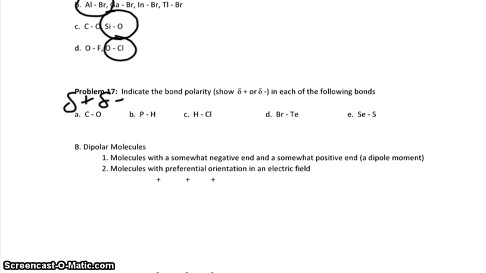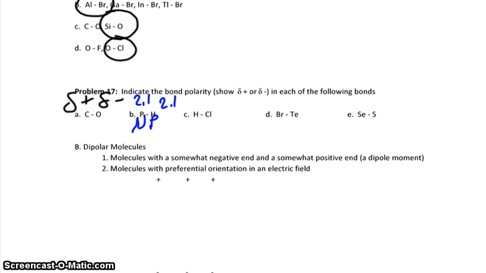But wait a minute, what about P and H? We have a little problem here, don't we? The problem is none of them are the big four, so it doesn't say we can't use our electronegativity table, so I think we ought to. So flip back to page 11 and check out what the electronegativity value of phosphorus is. It is 2.1. But wait a minute, that's what hydrogen is. That's not a polar bond, it's non-polar. So we do not put those partial negatives.